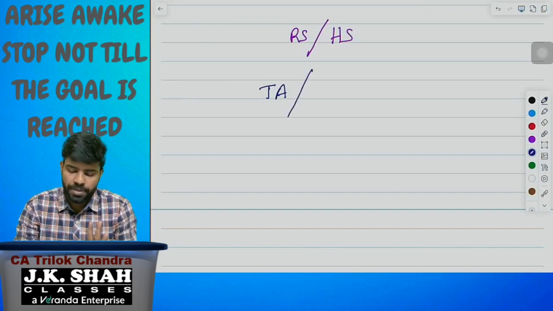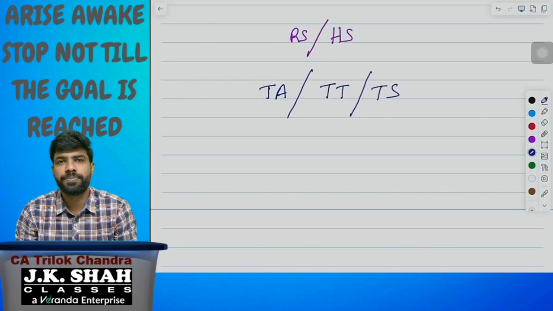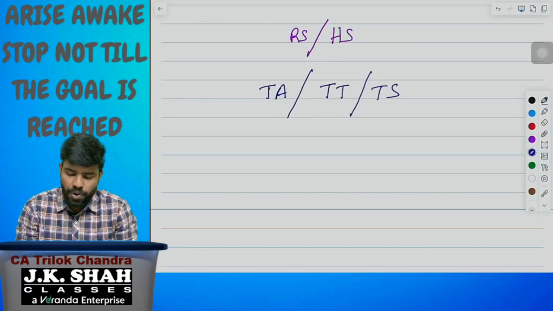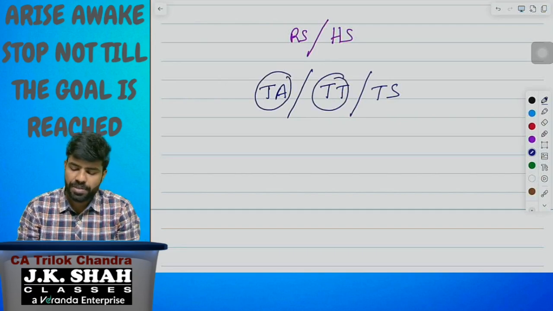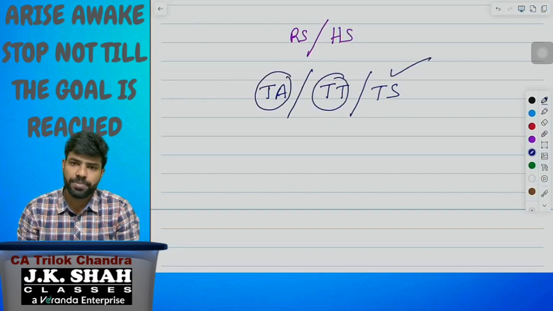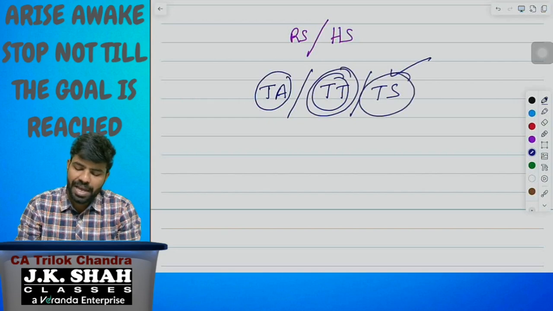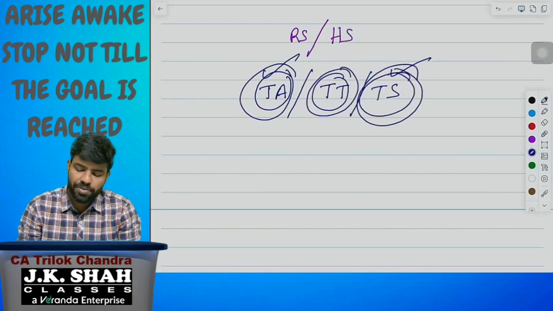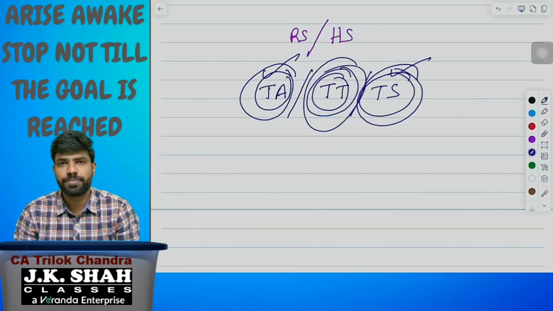Number two, time taken. Number three, time saved. Out of these three, if you know two, we can arrive at the third one. If you know time allowed and time taken, we can calculate time saved. If you know time taken and time saved, we can calculate time allowed. If you know time allowed and time saved, you can calculate time taken.